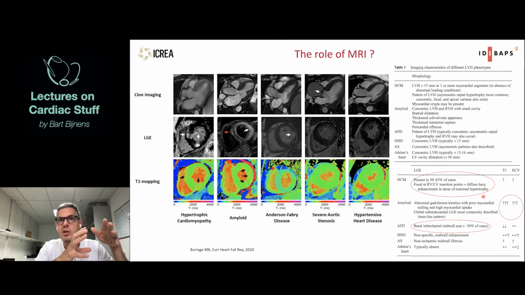In general, the echo measurements are not always the easiest or the best in these patients. If you just do geometry, then maybe it's not always that reliable. We know that MRI is much better at measuring detailed geometry.